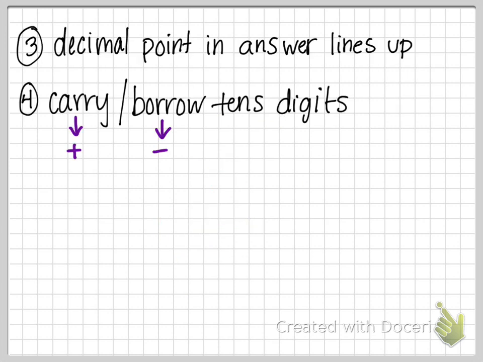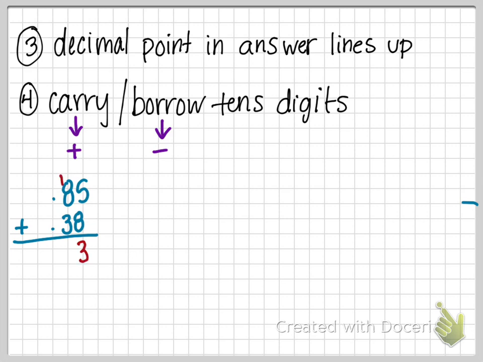Okay, be careful also when we're adding. We need to be careful with carrying tens places when we're adding. You always carry your tens digit if it's bigger than 9. We have to carry a number into the next column or borrow from the next biggest digit if we are subtracting. For example, if we were adding, and this was our addition, we would say 5 plus 8 is 13.